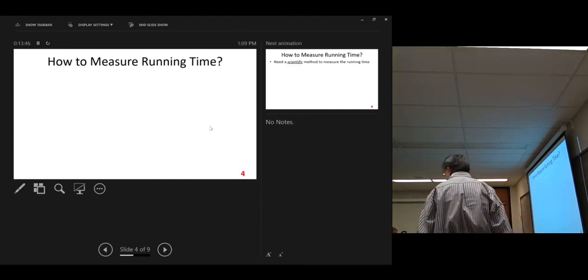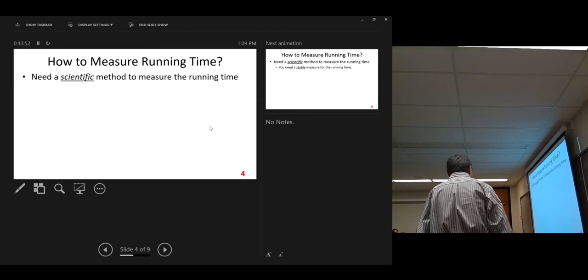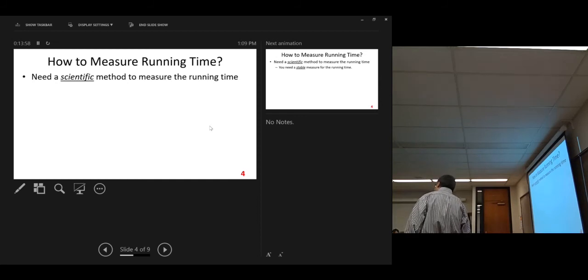How to measure running time? Basic question. We need a scientific method to measure the running time. We want a relatively easy way, and also a stable way. Not just easy, also stable. Because you cannot use a clock to measure the response time, right?